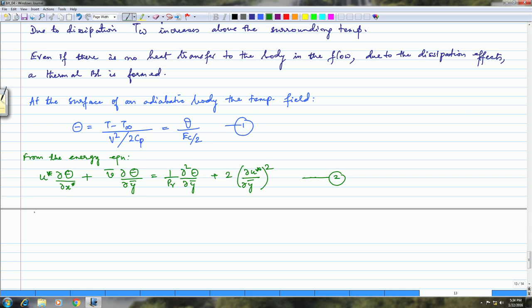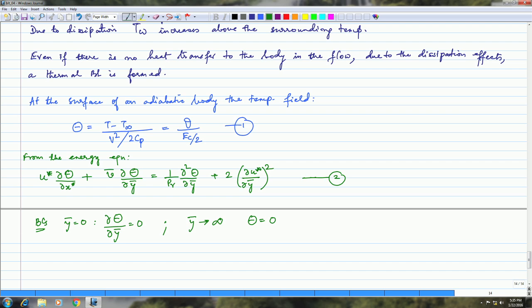And the boundary conditions are the following. The boundary conditions at the wall basically, isn't that obvious, so there is essentially no temperature field. And here basically it is equal to the free stream, so then we don't have one.